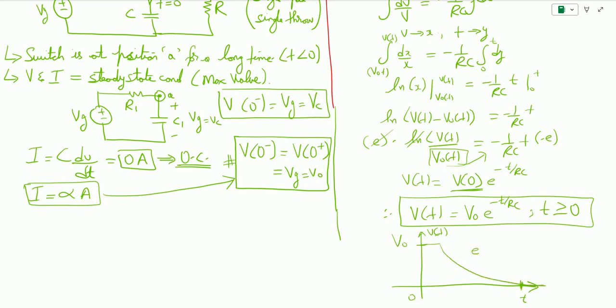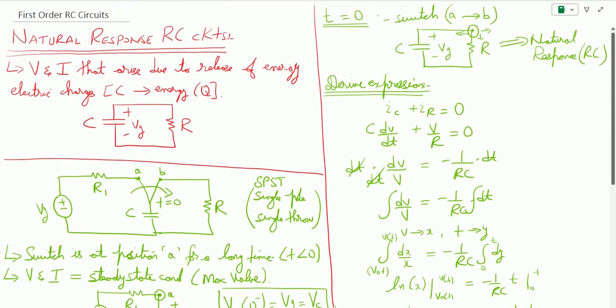So this is exponential minus t by RC. Here R and C are controlling the decay of the voltage because of the exponential, and eventually when t reaches infinity we get the steady state condition, which is obviously 0 in this case because all of the electric energy released by this capacitor is going to be utilized by this load resistor in the form of dissipating heat.